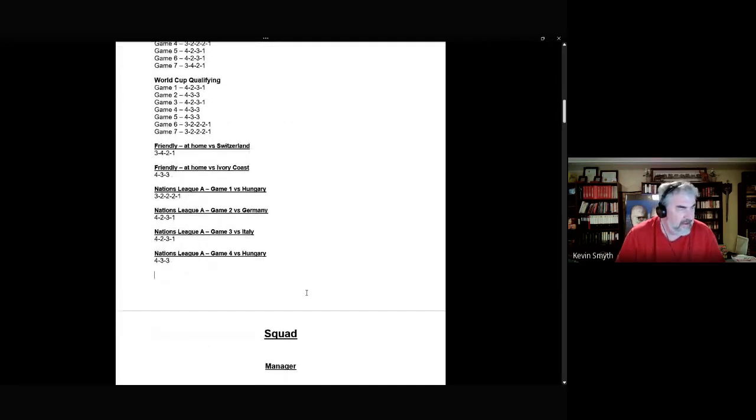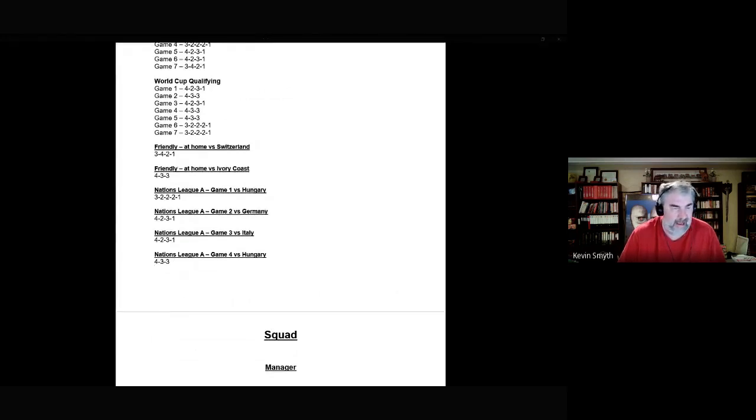And to an extent, they did that in the Nations League games too. But there we see that 3-2-2-2-1 formation again in their first game against Hungary. But in the following games, they're more standard formations, the 4-2-3-1 against Germany and Italy, and the 4-3-3 in game 4 against Hungary again.